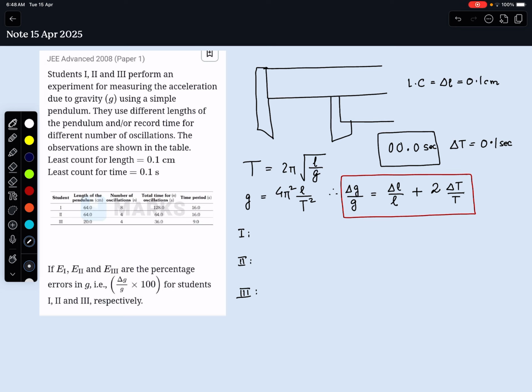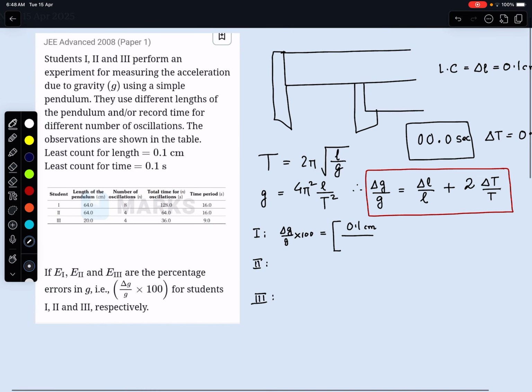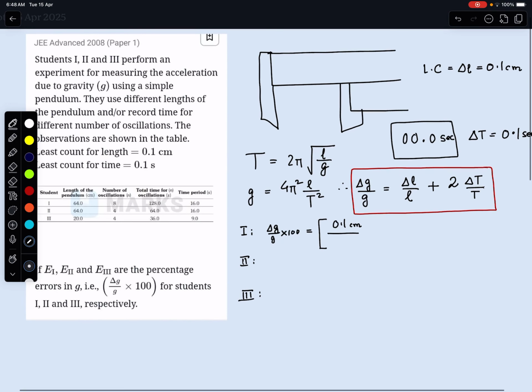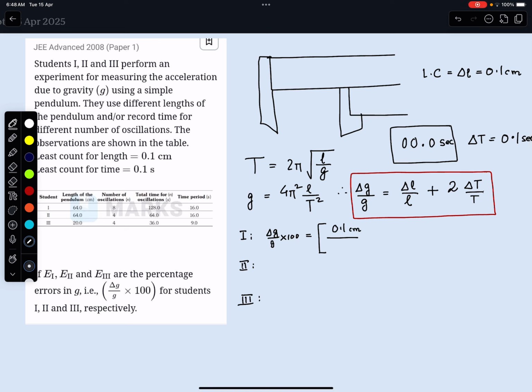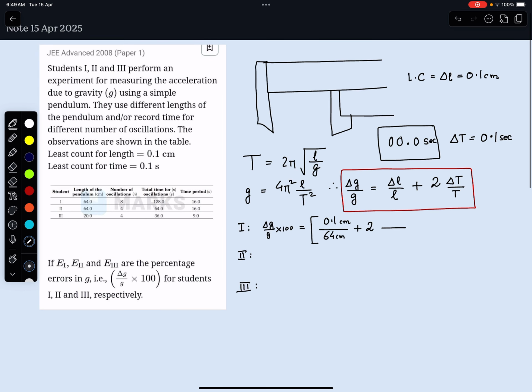Now case 1, delta G by G into 100 is equal to delta L by L. Delta L is always 0.1 centimeter, divided by the length of pendulum in the first case, 64 centimeter, plus twice delta T. See, delta T is 0.1 second. Now it is on the total time measured, not on the time period, remember that.